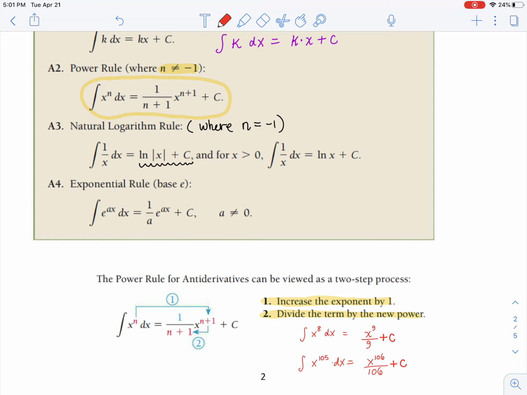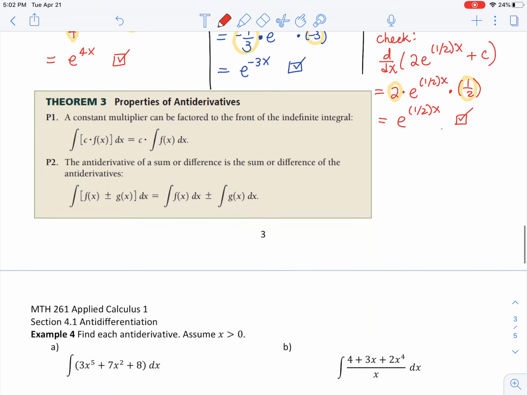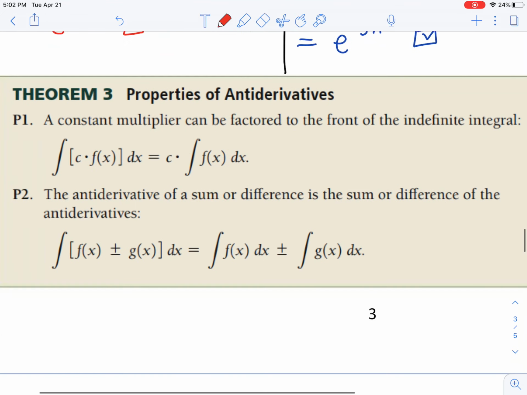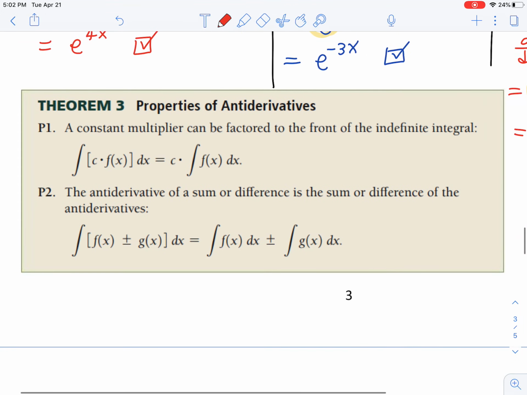Now, we're just going to do the last property, which is very similar to what we did when we were finding the derivatives. Remember, when you take the derivative of a sum of an expression, we can just separate them as the derivative of this plus the derivative of the second. That's the rule that we're going to apply here. So, the properties of antiderivatives.